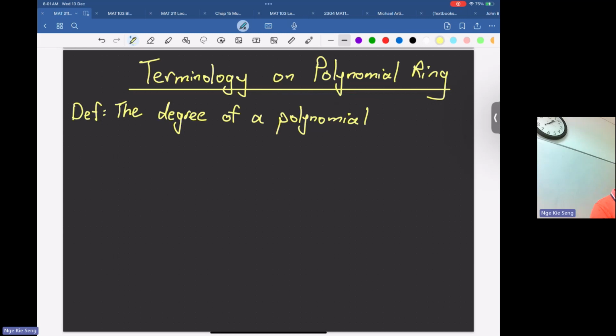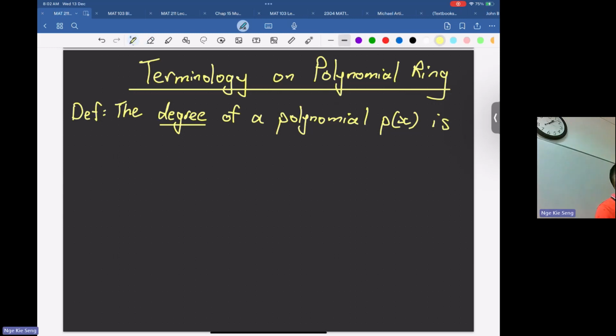Okay, how do we define the degree of a polynomial? This polynomial called P(x) is what? How do you define degree of a polynomial?